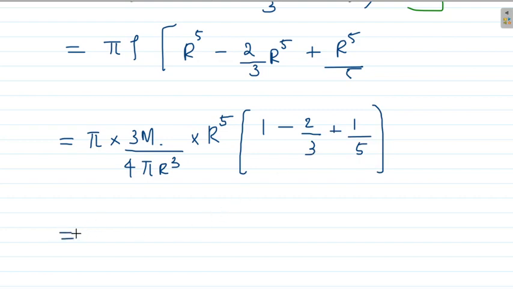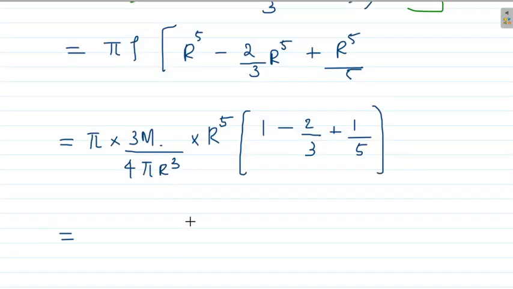So this is equal to, 1 pi term will cancel out. 3m divided by r cube and r raised to 5 will cancel to give an r square here.